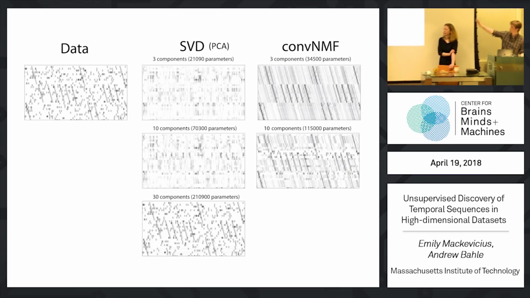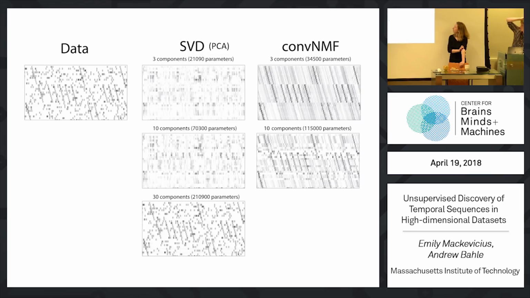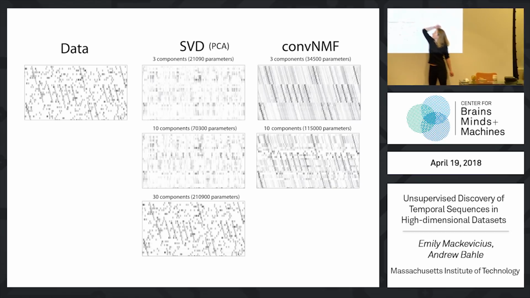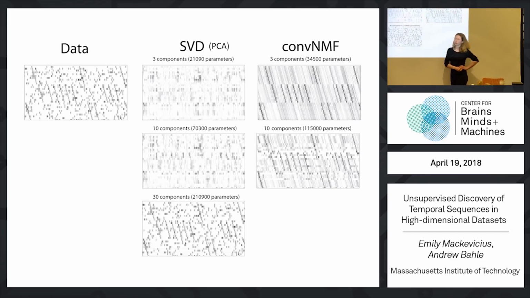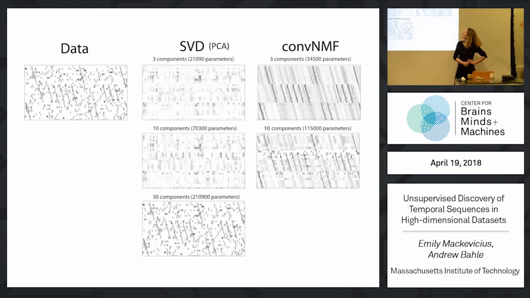So here's some noisy data with 3 sequences on the left. In the center, you see SVD reconstructions with different numbers of components. At the top, an SVD was performed on this data, and then there's a reconstruction using just the top 3 components of this SVD, 10 or 30 components. And then on the right, you just see convolutional NMF run with either 3 or 10 components.